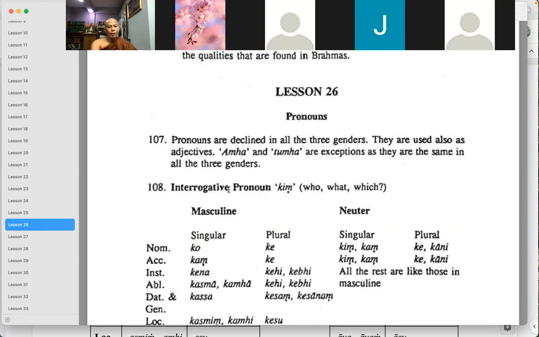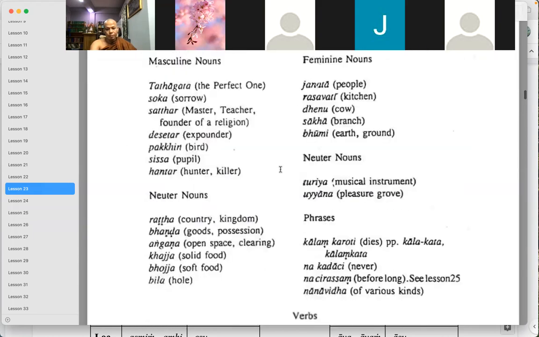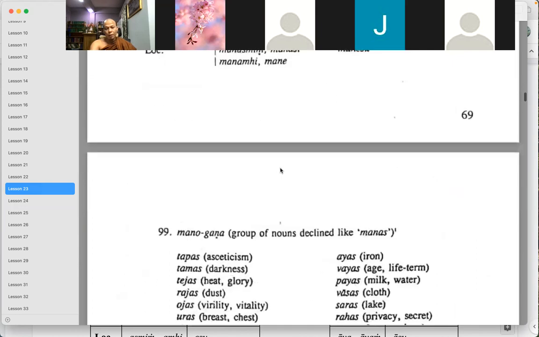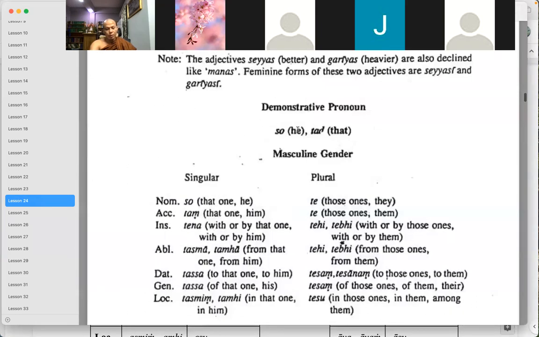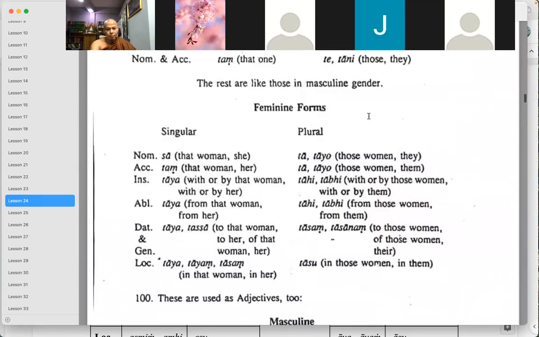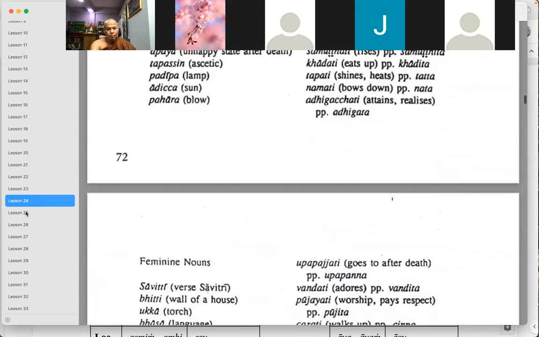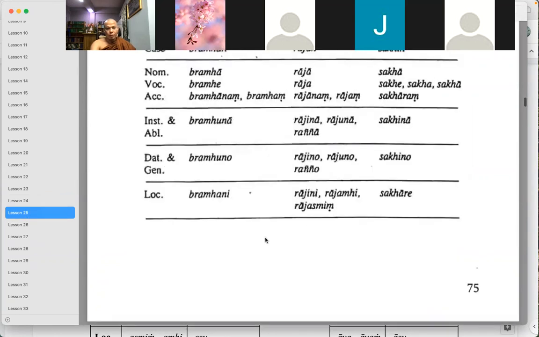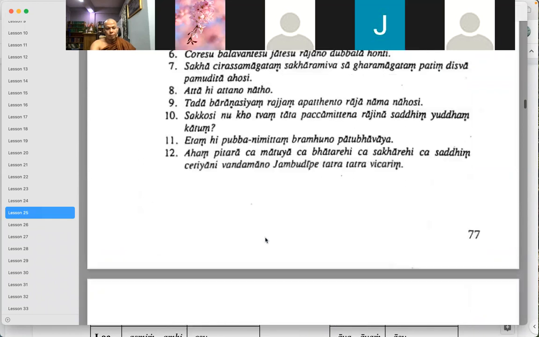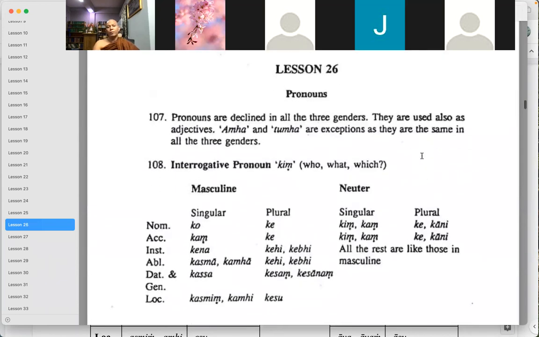Pronouns were also partly covered in previous lessons. In lesson 24 we already learned some demonstrative pronouns. In lesson 25 they were not included, but in lesson 26 here we cover the pronouns.